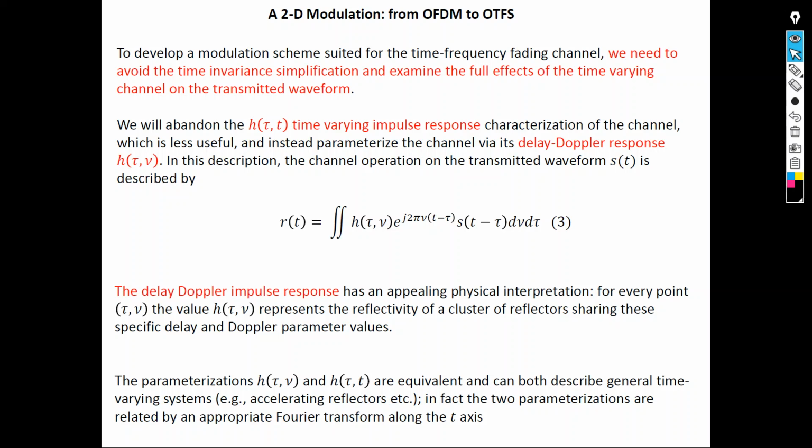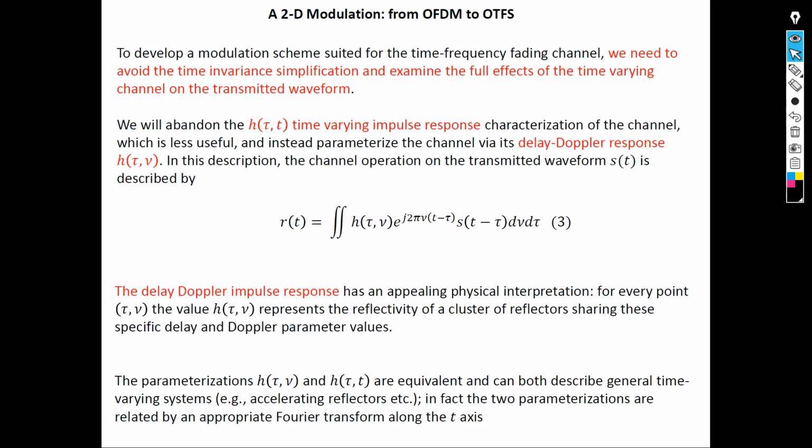Now, to develop a modulation scheme suited for the time frequency fading channel, we need to avoid the time invariance simplification and examine the full effects of the time varying channel on the transmitted waveform. Therefore, we will not use h(tau, t), the one we mentioned in the first part of this lecture, which is the time varying impulse response characteristics of the channel.